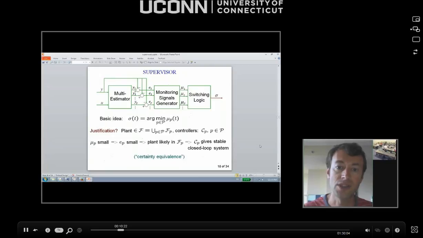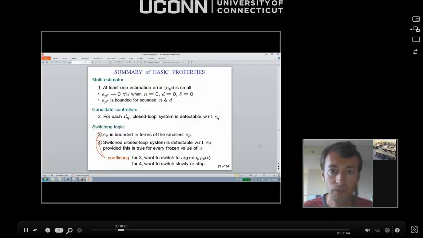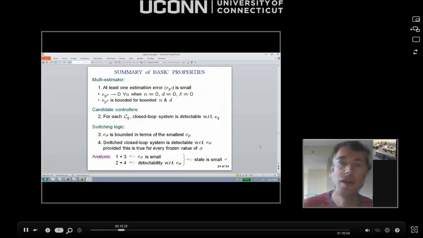Towards the end of yesterday's lecture, we identified the basic properties that the individual blocks should provide. The first one I'm not going to discuss in detail, but it is something that observer-type multi-estimators typically give us.